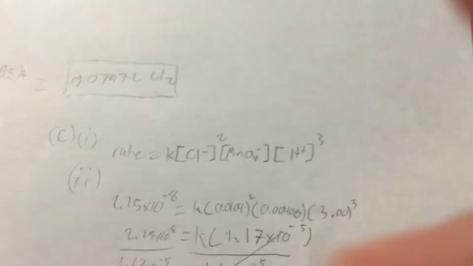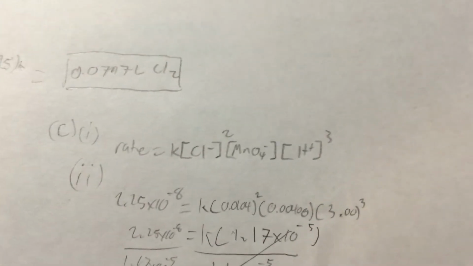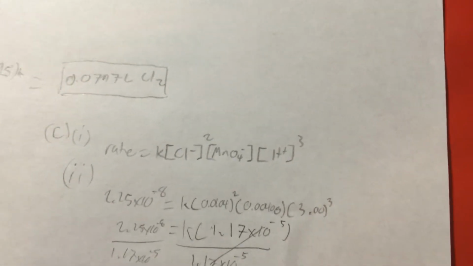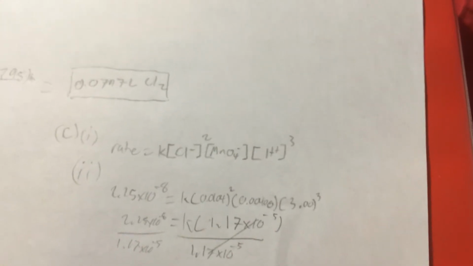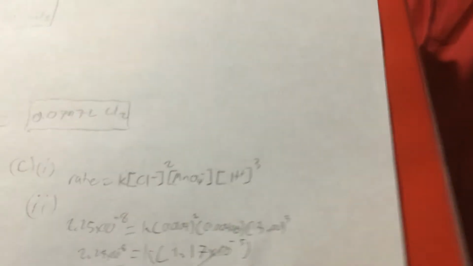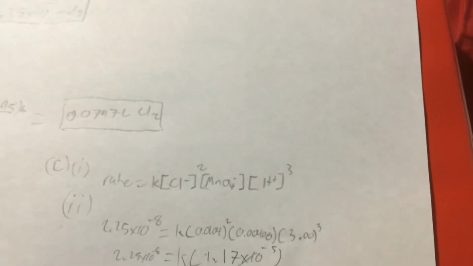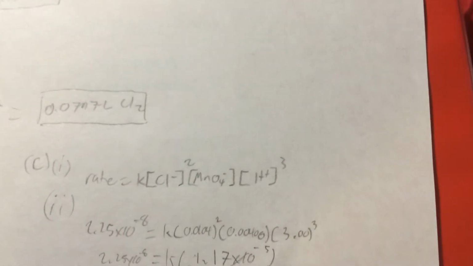So the rate law is just it together, and as we see here, rate is equal to the constant k times Cl⁻ to the second power, which we found right there, and times MnO4⁻ to the first power, which we found there, and H⁺ to the third, which was given in there. So now we found the rate law. Now it asks to find the constant.